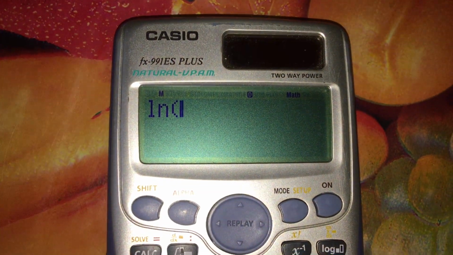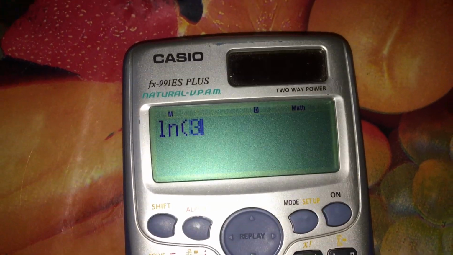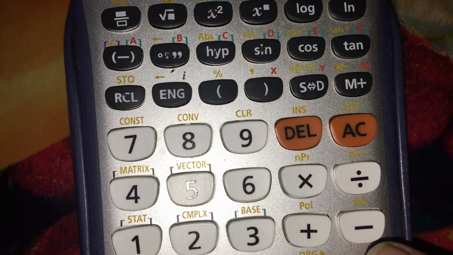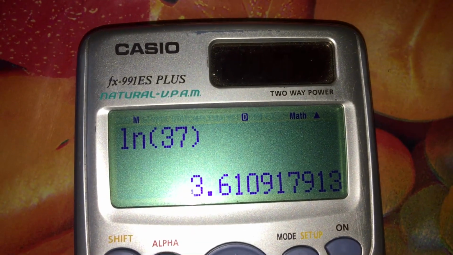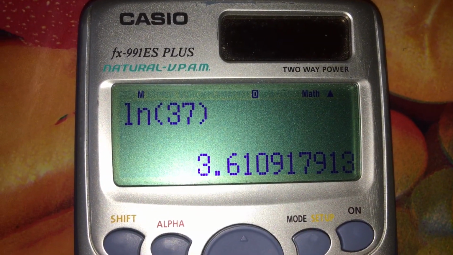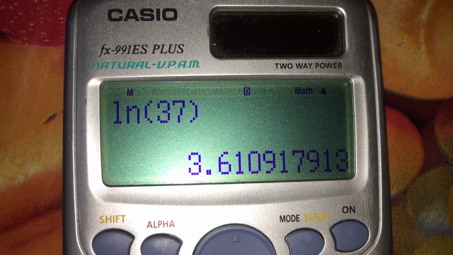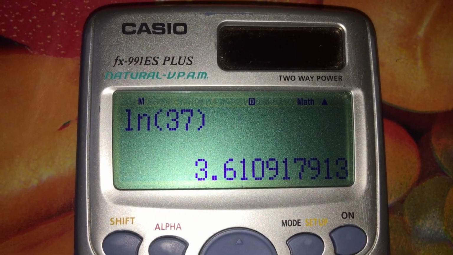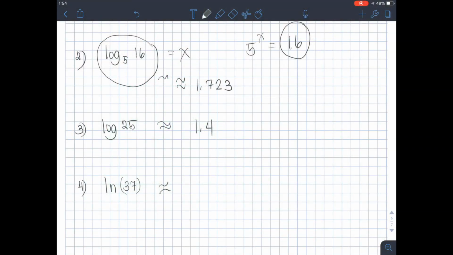And then, input nyo lang kung ano yung given power, which is yung 37, right? Then, press equal. We have 3.61091791 or approximately 3.611. Okay? So, we have the answer of 3.611.